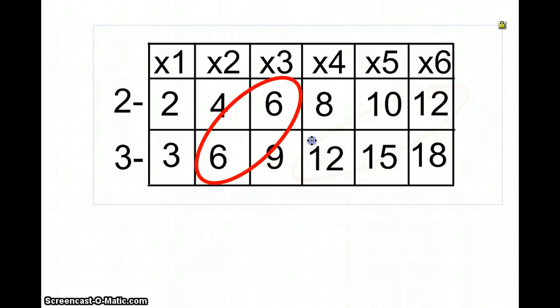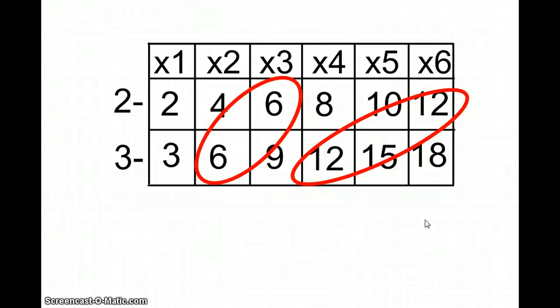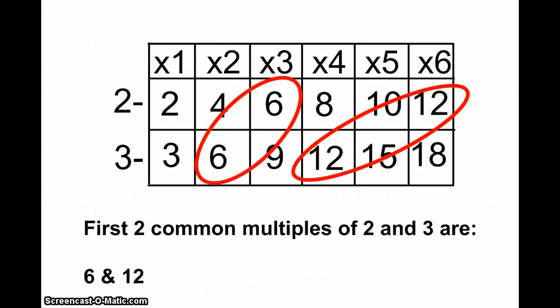So it is also common to both lists. And since 12 is my last number in the multiples of 2, I'm done for now. So by making this list, the first 2 common multiples I found are 6 and 12.